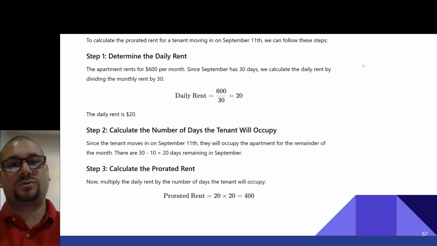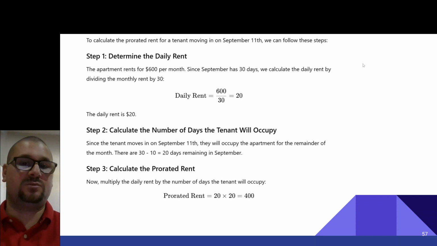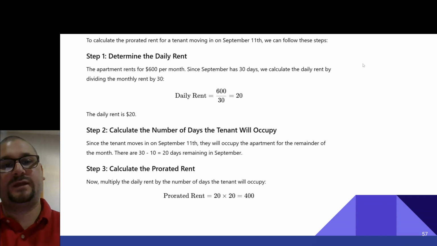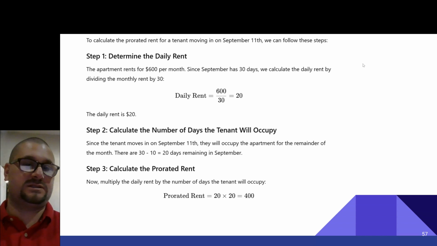Then you calculate the prorated rent. Multiply the daily rent by the number of days the tenant will occupy. So $20 per day times 20 days, that's $400.